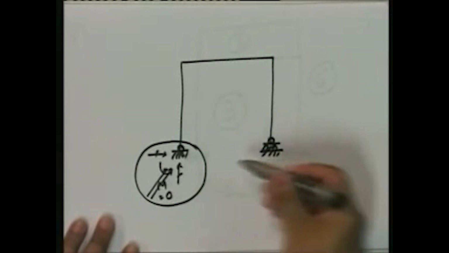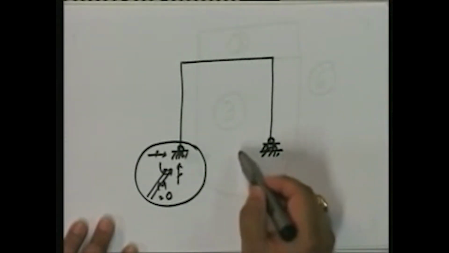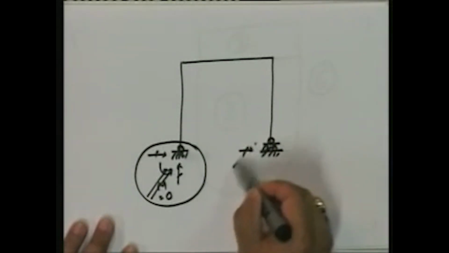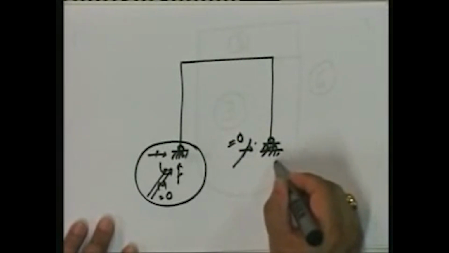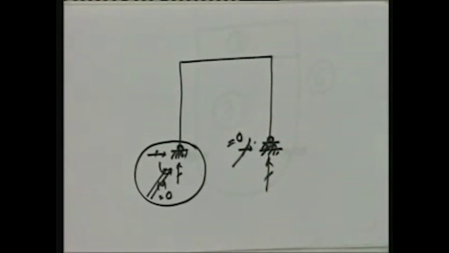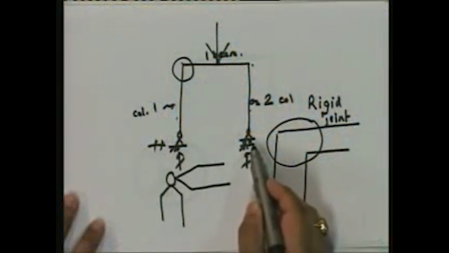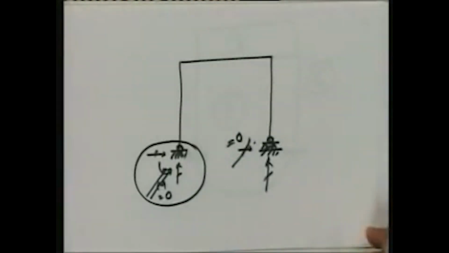I'm going to allow it to move in this direction. What does that mean? That means I have taken this restraint and put it equal to 0. In other words, how many restraints am I left with at this point? Single one. Look at this structure. What does it resemble? It resembles this. Hinge support at the left end, roller support at the right end.